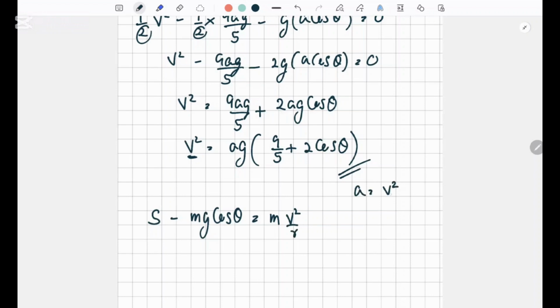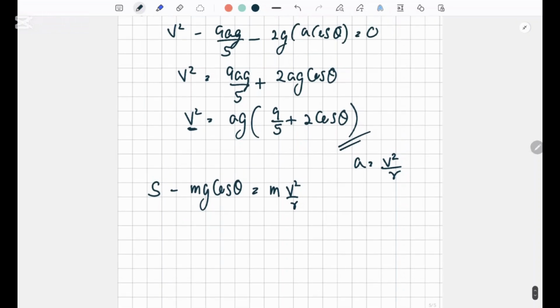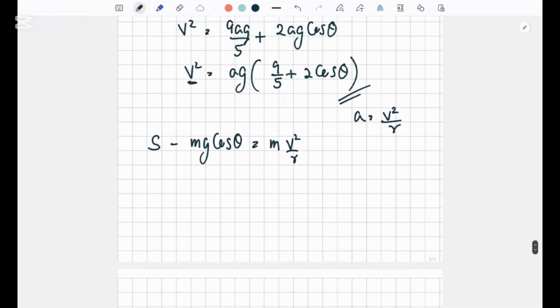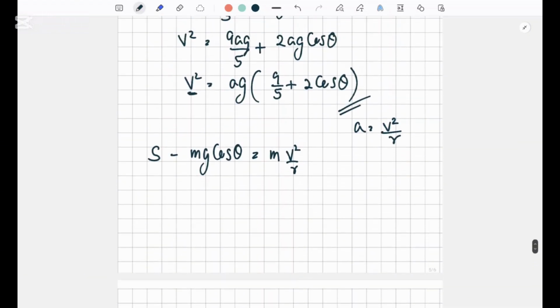A equals v squared over r, or A equals r omega squared. We use this if they say angular velocity, but in this case we found the velocity, right? So it's v squared over r. So that's right.